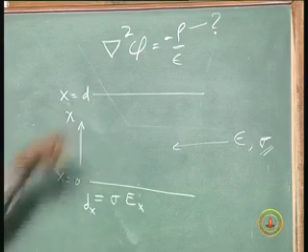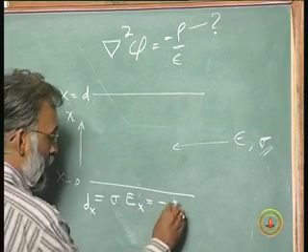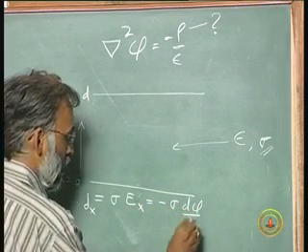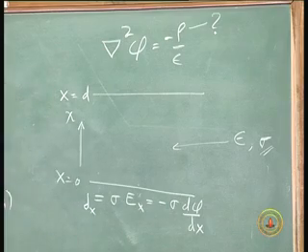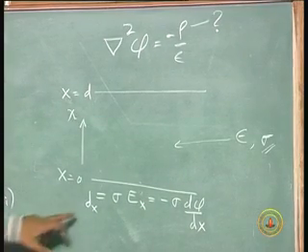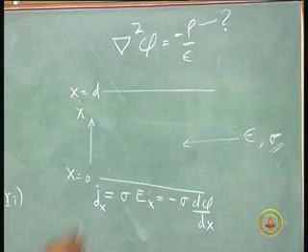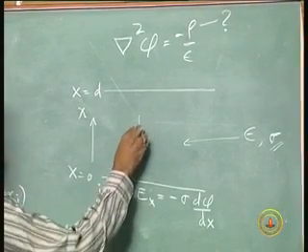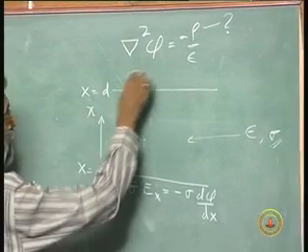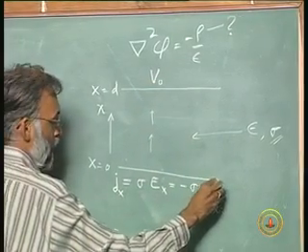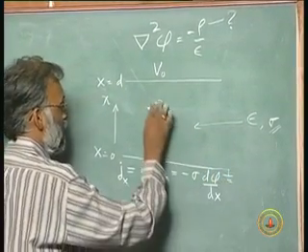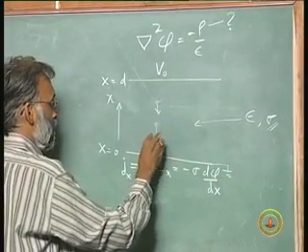And since Ex is given by phi, it is equal to minus sigma d phi dx. Now, Jx itself is flowing, well, if I put a voltage V naught and ground it, current will be flowing downwards.